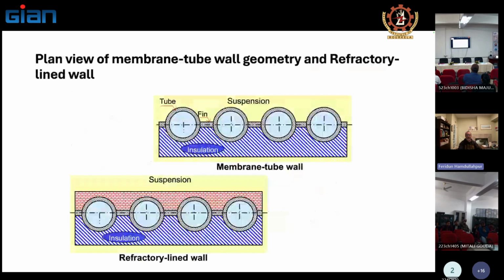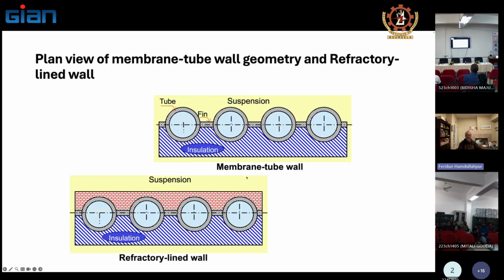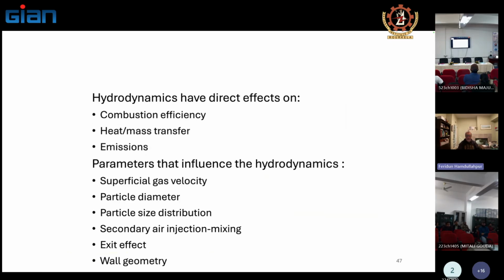For that, I'll go back here for a second. We use a secondary air injected into the air here to provide us with the amount of air. There is a lot of stoichiometry involved as well, but I won't get into that.